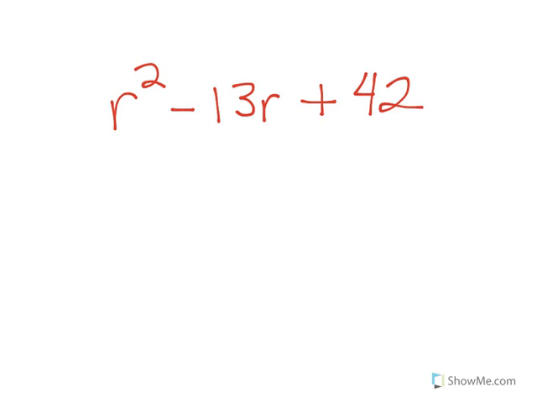Let's go ahead and look at this polynomial, r squared minus 13r plus 42. It's understood in this polynomial that a is 1. When we're factoring, the first question we always ask ourselves is, is there a greatest common monomial factor that would go into each of these terms? In this case, there isn't, other than 1.